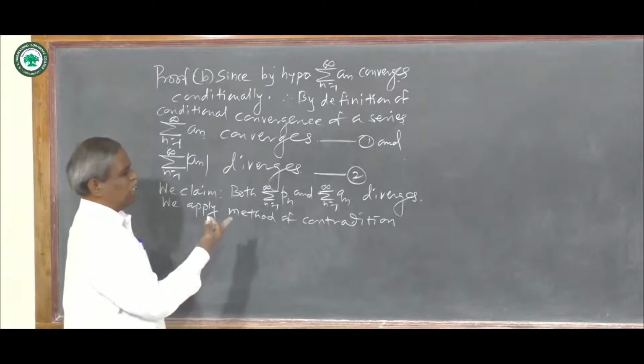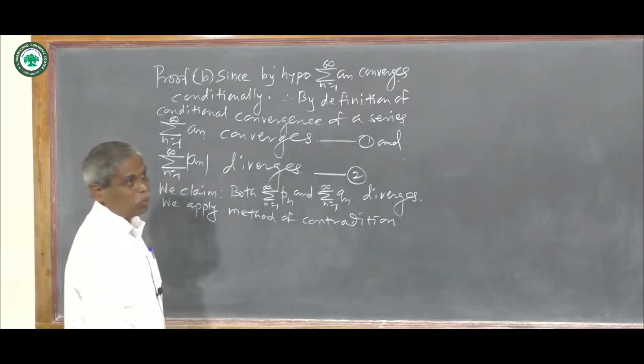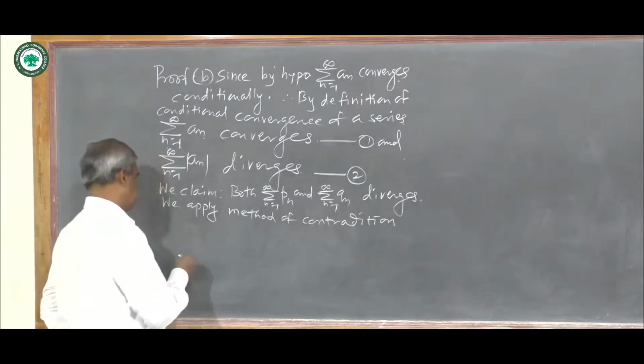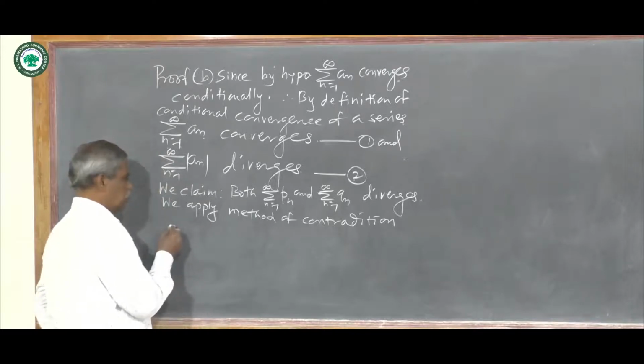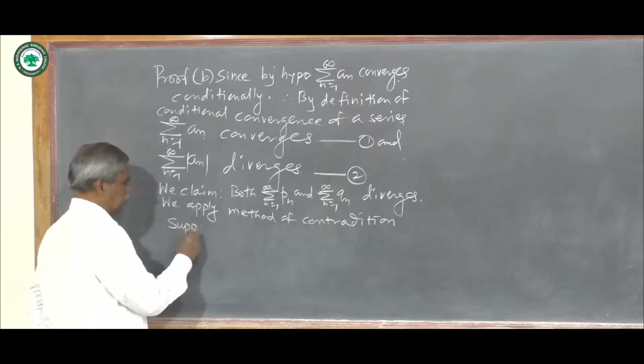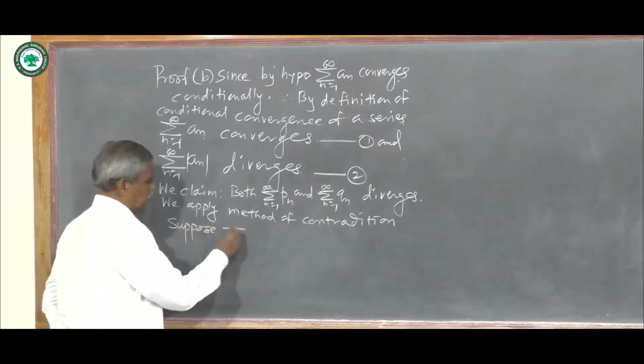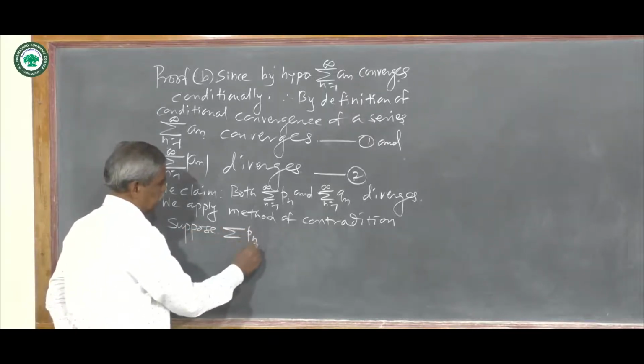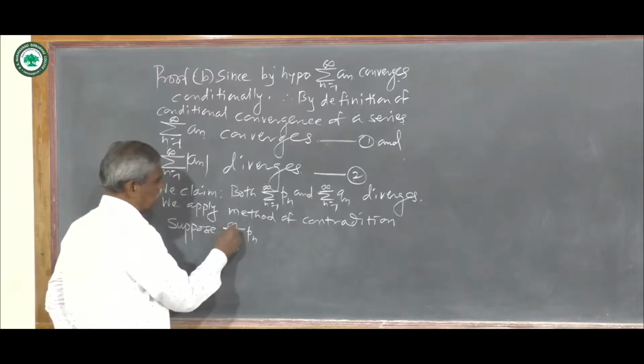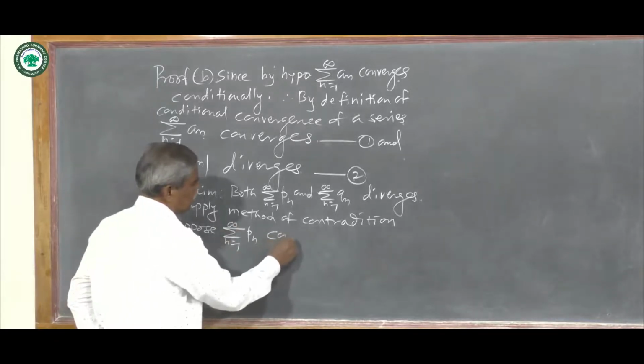If possible, we suppose sigma Pn converges. Suppose sigma Pn, n is equal to 1 to infinity, converges.